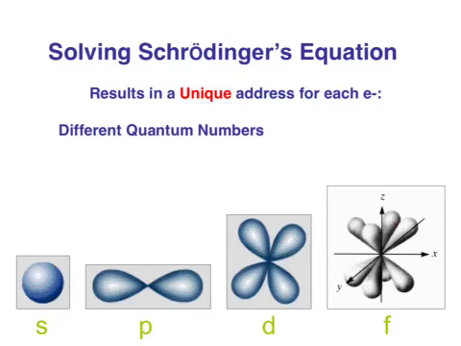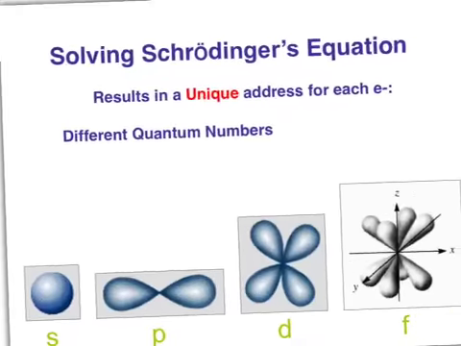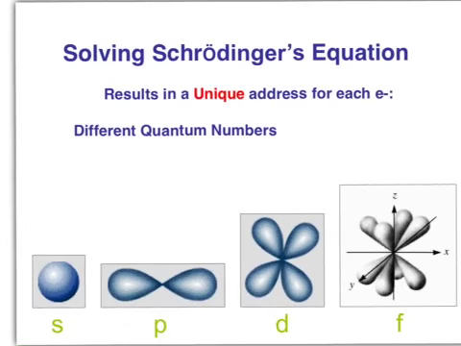Okay, so if you solve Schrödinger's equation, you end up with a unique address for each and every electron. And there's a rule that when we get to electron configurations called the Pauli exclusion principle that says every electron has a unique address and allows me to identify exactly where it's located. And we do that using these 4 different quantum numbers.